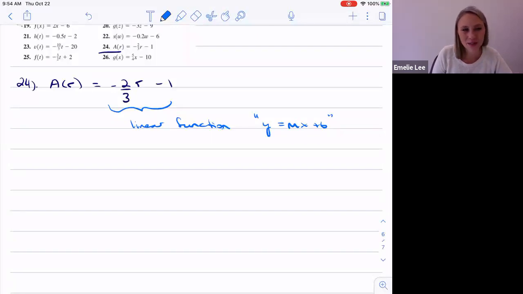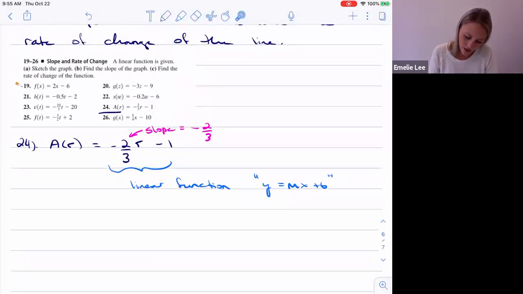The slope here is going to be -2/3. So we know we have a negative slope, so that means it's going like this. The slope is -2/3. Okay.